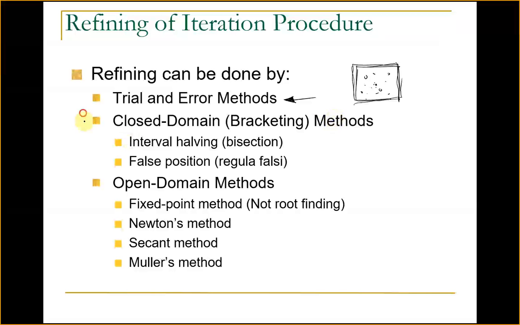So what we are dealing with now are these two general options: the closed domain, or bracketing methods, and the open domain methods. Note, the bracketing methods utilize a bound for your initial guess, while the open domain methods utilize a single point on a spectrum for your initial guess.